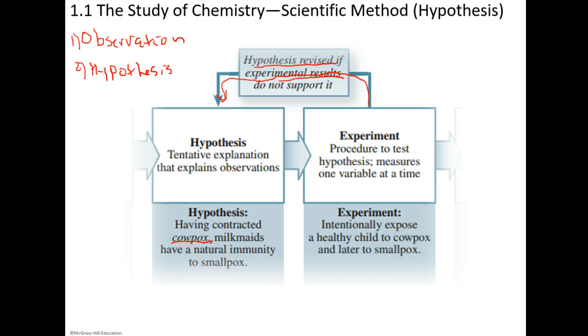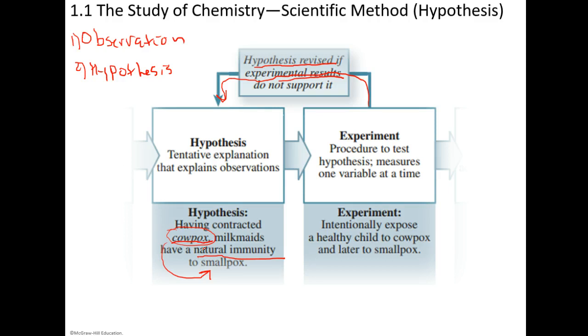So as these women milk cows, they are being exposed to the cowpox on the udders. Their hypothesis was that these milkmaids, being exposed to cowpox, a form of smallpox, were building up some sort of natural immunity to cowpox, which in turn was building up an immunity to smallpox. Now, in reality, this is true, which is really cool, and it's how they came up with the vaccine for smallpox. It makes total sense, and it's because it is true.